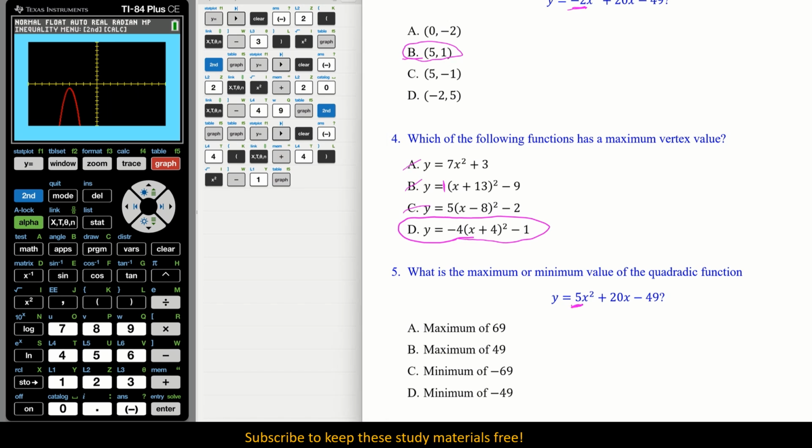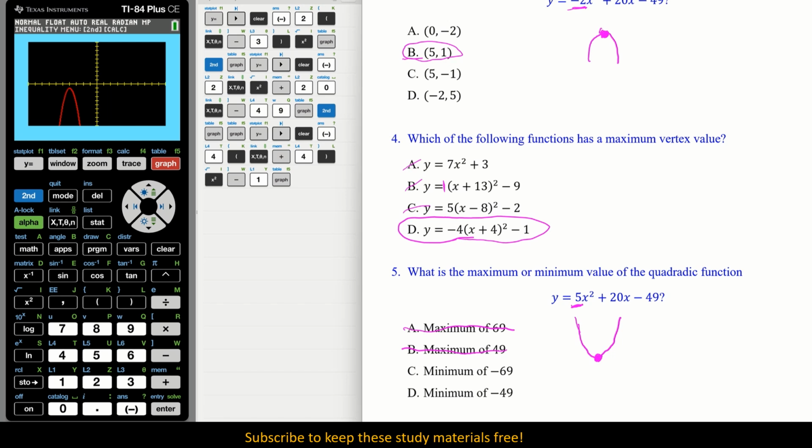Well, this is a +5, so instead of opening down and having a maximum, it will open up and have a minimum. That's a positive. So that's what our quadratic will look like sketched out. This means A and B are totally incorrect. So now we've eliminated 2. We have 2 to choose from.